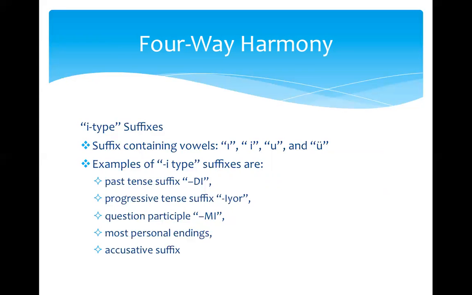Examples of these suffixes are the past tense suffix d, as you see here, the suffix containing an I. The progressive tense suffix, which we will be learning about in Unit 4, also contains an I. The question participle m helps us ask yes or no questions, and it does contain an I, so it's an I-type suffix. Most personal endings, which again we'll be learning about, an accusative suffix, and many more contain I-type suffixes.